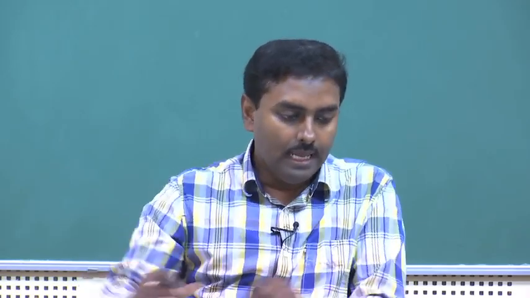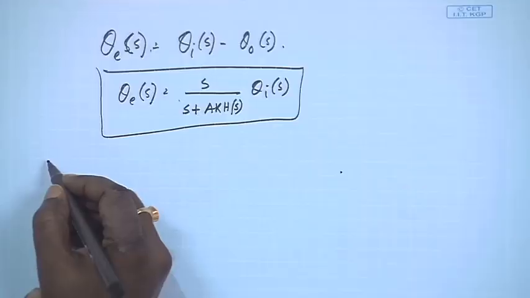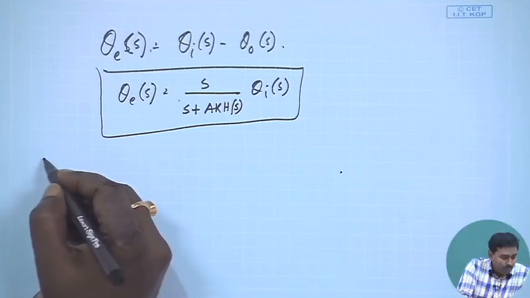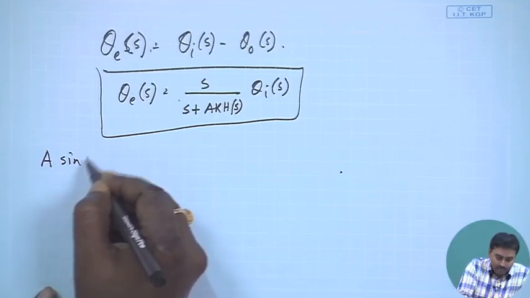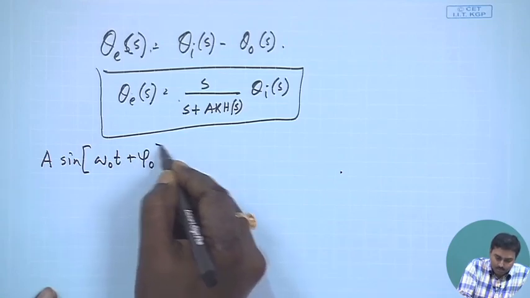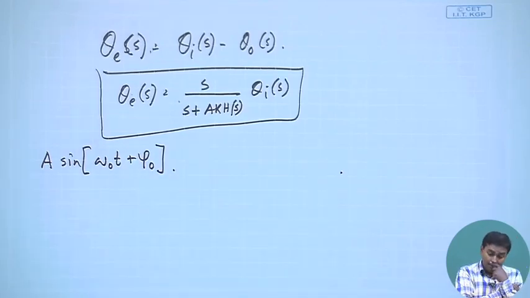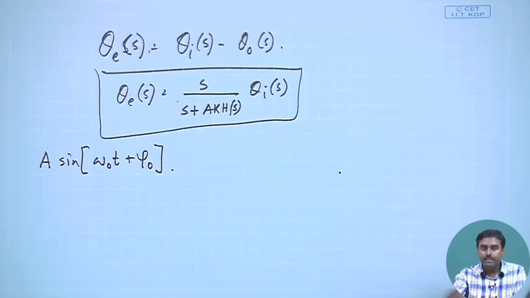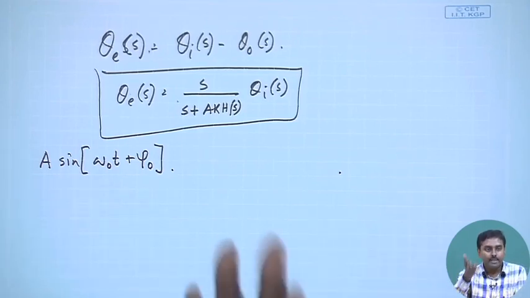What do I do? Let us say my incoming signal has a frequency error. Okay. So, let us say it is A sin(omega 0 t plus phi 0). Okay. So, basically what I am trying to do is, I have an input signal now which is a sinusoidal. Okay. This I might have created by squaring it and then filtering it properly. Okay.